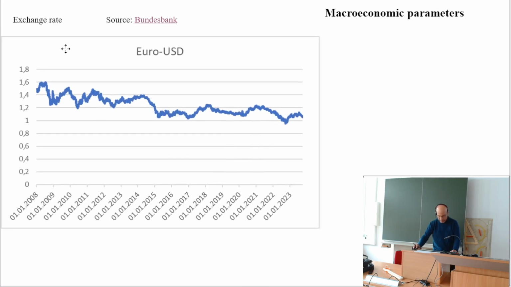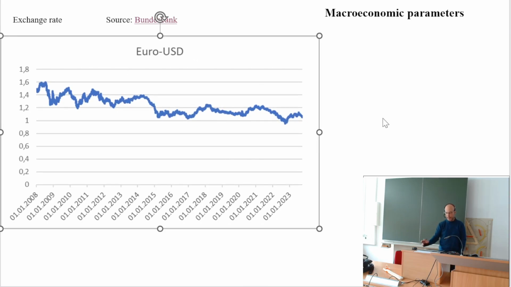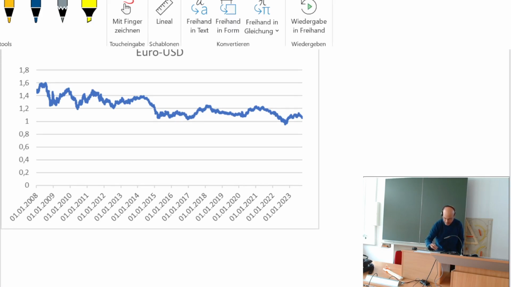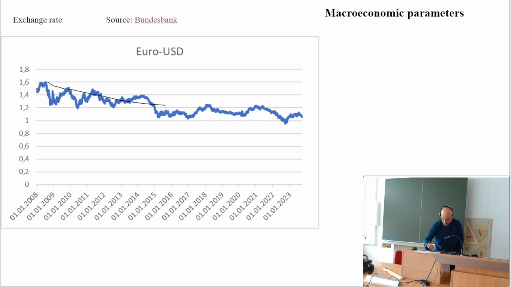Yeah, and since the financial crisis, more or less, we could say that in general the exchange rate was going down for the euro. So we have a depreciation of the euro relative to the US dollar.